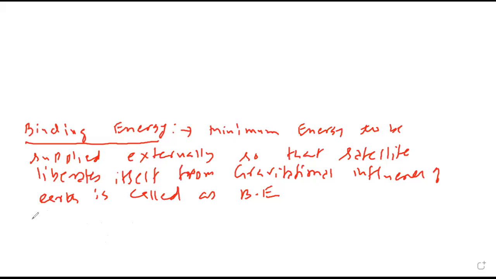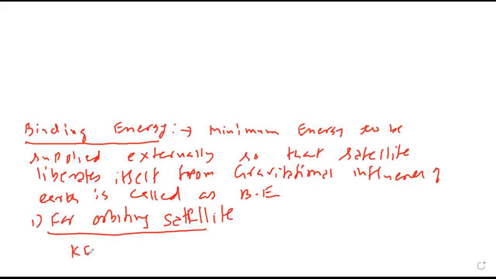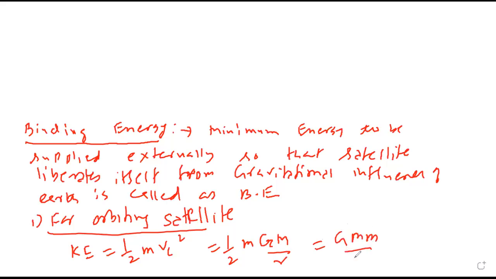So first, for an orbiting satellite, what will be the kinetic energy? Half m orbital velocity square, so half m GM by r, that means it is GMm upon 2r.